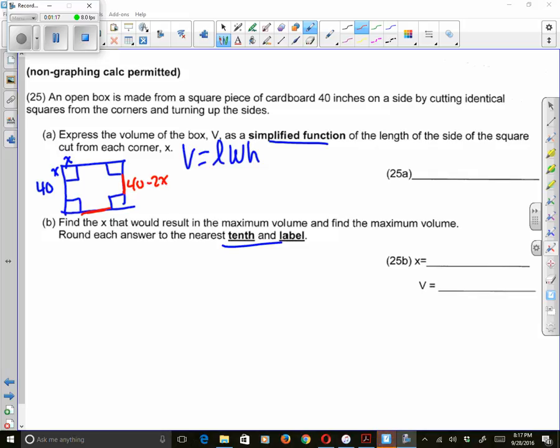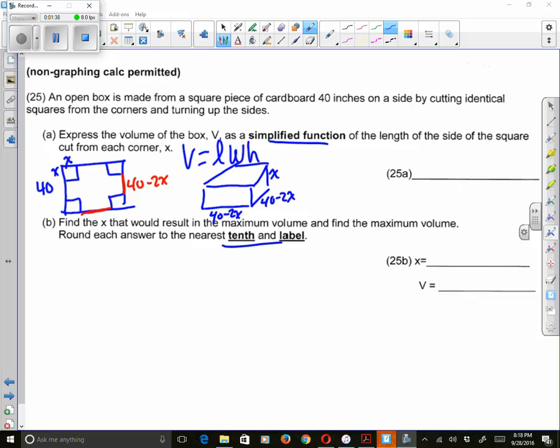Okay, so I now have a box that looks like this, right?